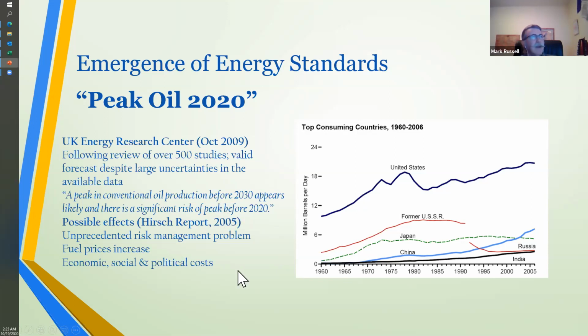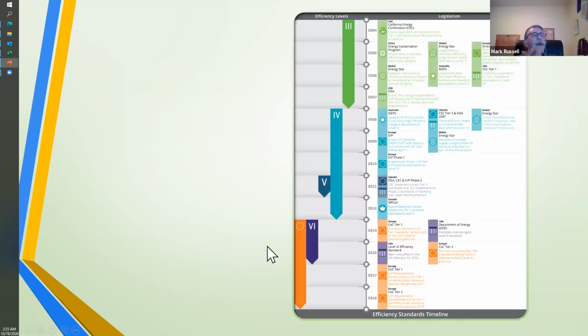So anyway, as a result of people recognizing that we need to try to slow down how quickly we're going to reach peak oil, how long before we reach that peak point, there's been a lot of legislation that's gone into effect.